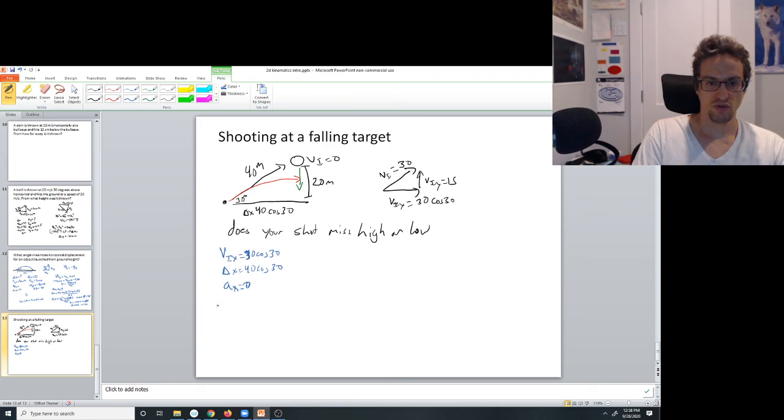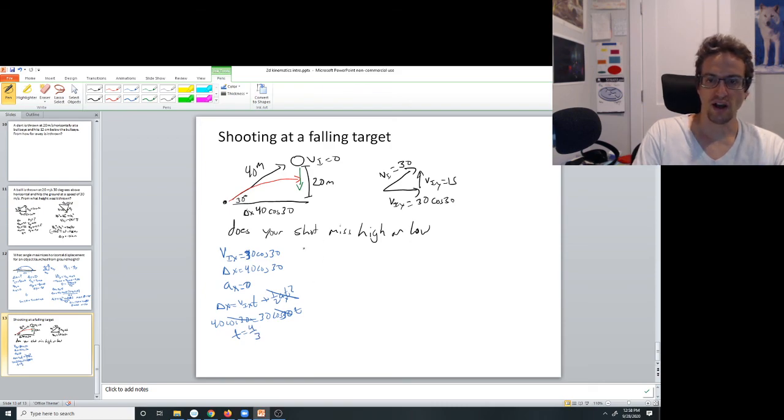So change in x equals v initial x times time plus 1/2 a_x t squared, and that's all 0. If I actually do this, I get 40 cosine 30 equals 30 cosine 30 times time. And the cosine 30s cancel out, which is why I didn't bother to solve them out there. So then I get that time is equal to 4/3.